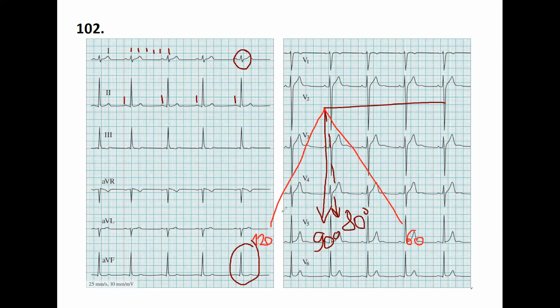If we had AVF, it's meaning that the R in lead number 2 and in 3 should be equal. However, as you do see, lead number 3 is a little bit smaller one. It's meaning that we are a little bit closer to lead number 2. So again, we detected 80. All right, good.